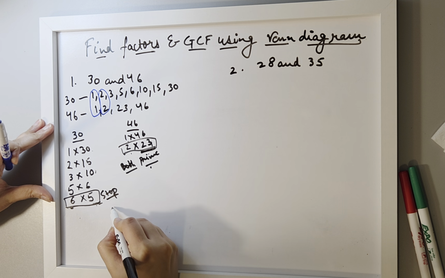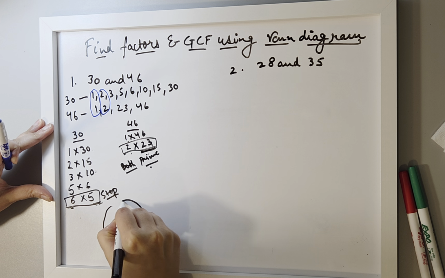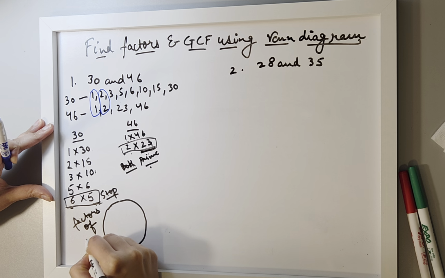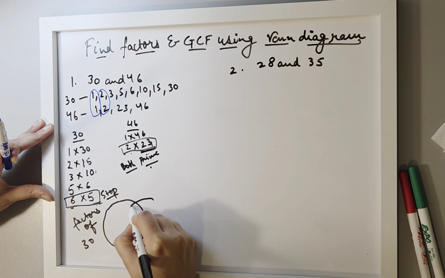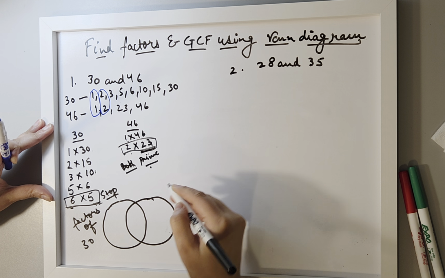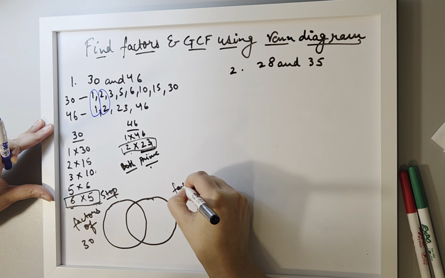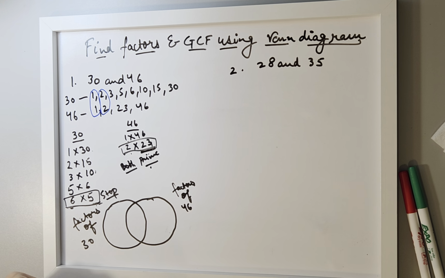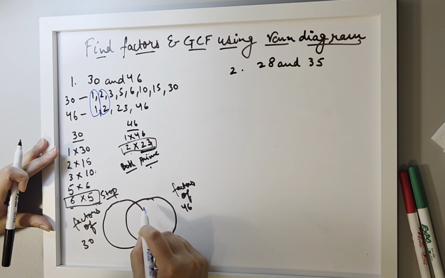So when we try to draw a Venn diagram, we say factors of 30 is here and factors of 46 if we are writing here. So we write, this is the common area, right?